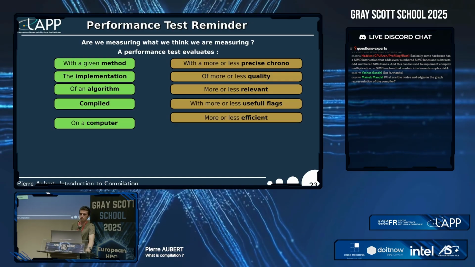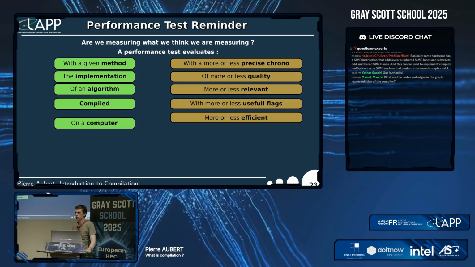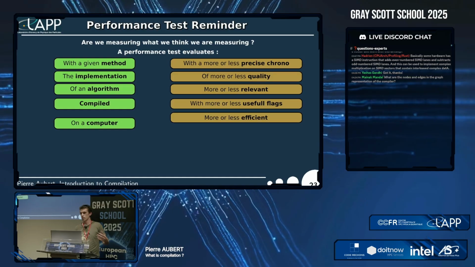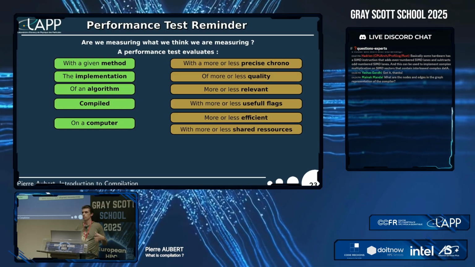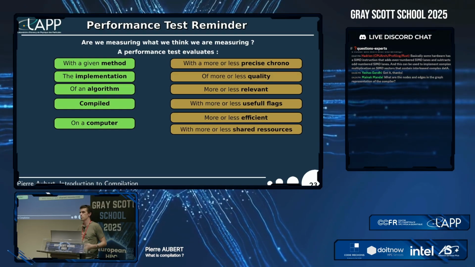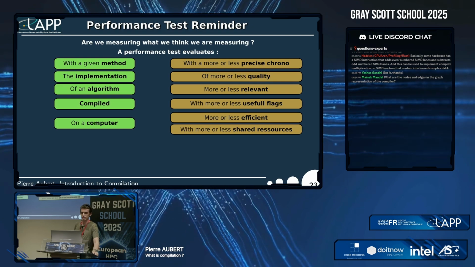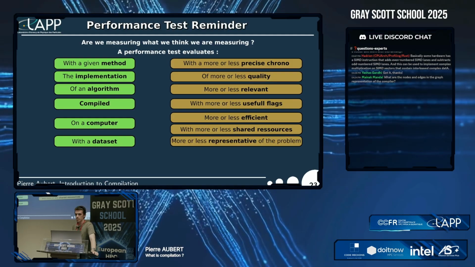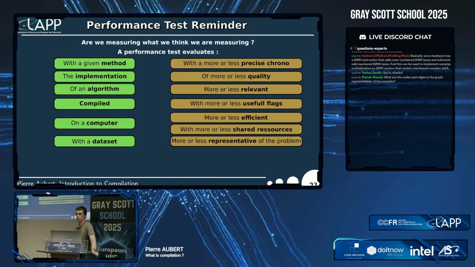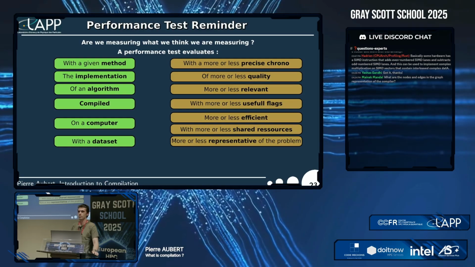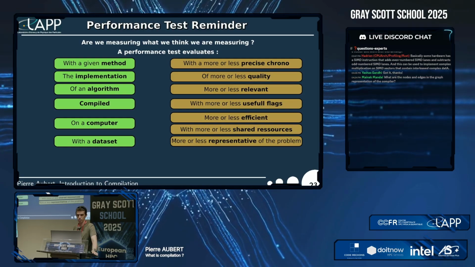On a computer, more or less efficient, with more or less caches, with more or less shared resources. Maybe other jobs are doing some crazy stuff with the I/O next to you and you don't have bandwidth. With a dataset, more or less representative of the problem. So maybe you will have none on the normals and stuff like this. Vincent will present them also in this week.